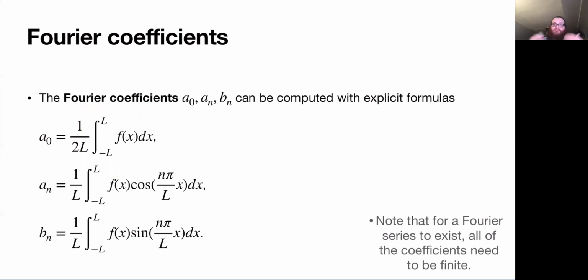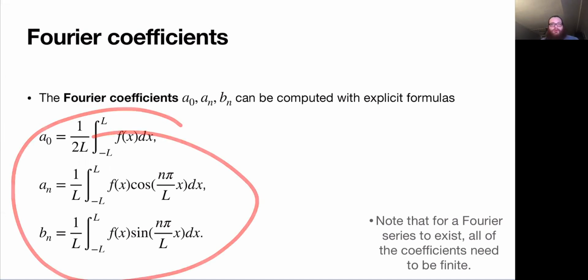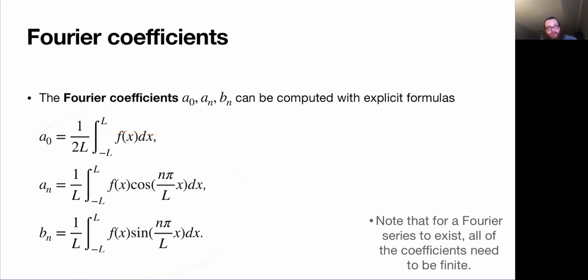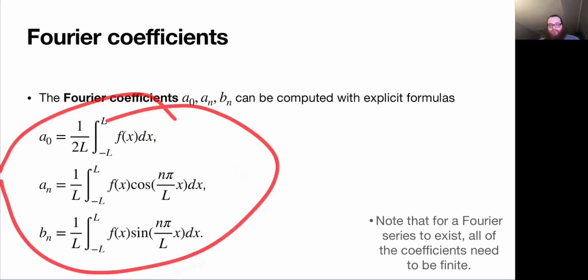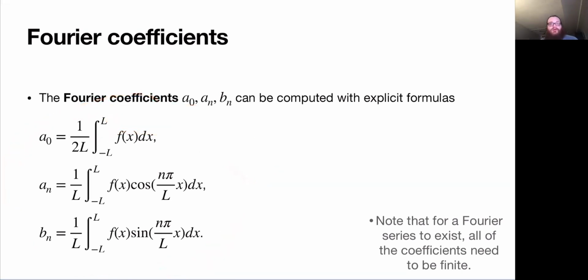And so in that case, sure, you can compute the coefficients, you have relatively well-defined Fourier series. So the point is the functions that we care about, all of these integrals will converge, but there are other functions where all of these integrals will converge, and so you have Fourier series that are beyond the scope of what we'll focus on in this course.